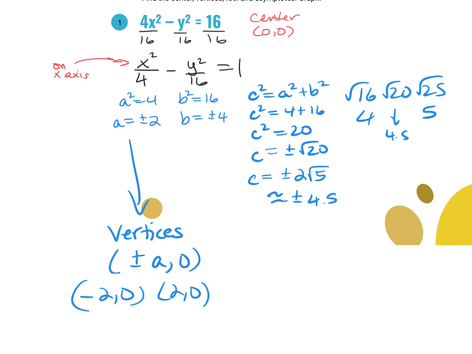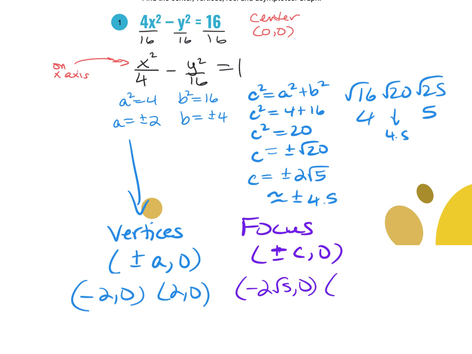For my two foci, this one's going to be plus or minus c, 0. So you would list them as -2√5, 0, +2√5, 0.